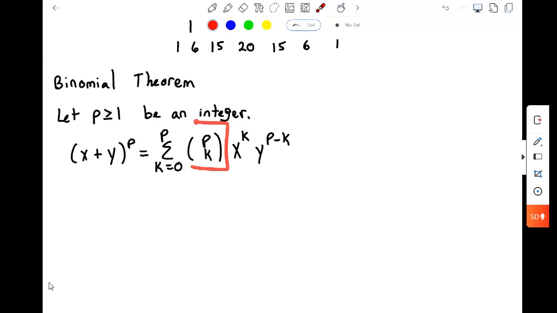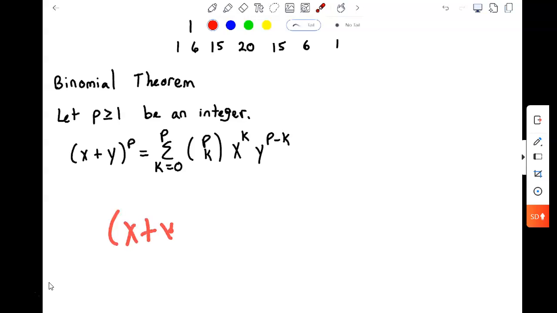P choose k, the binomial coefficient, which oftentimes I'll refer to as p choose k, times x to the k, y to the p minus k. And think about it this way.